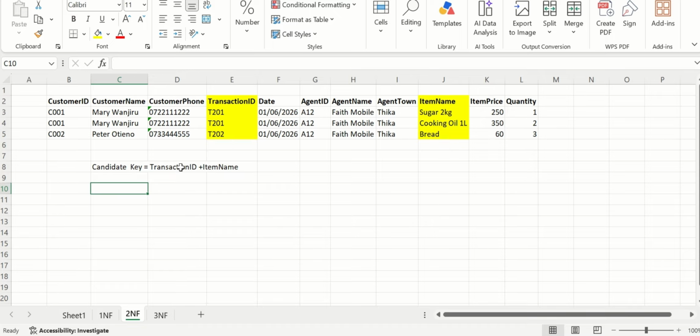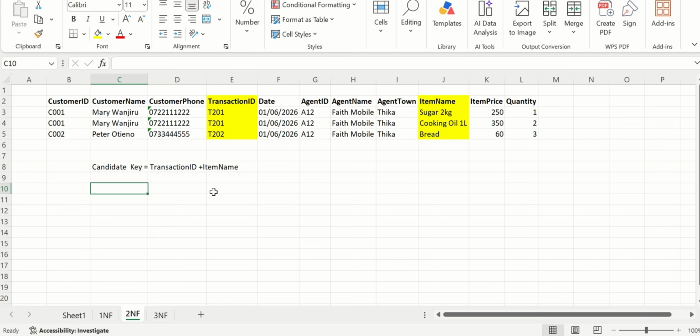So you don't need to know which item was bought to know which customer it was and which agent processed it. By just having a transaction ID, we can know the customer details and the agent details, because each and every transaction was done by a single customer and each and every transaction was processed by a single agent.